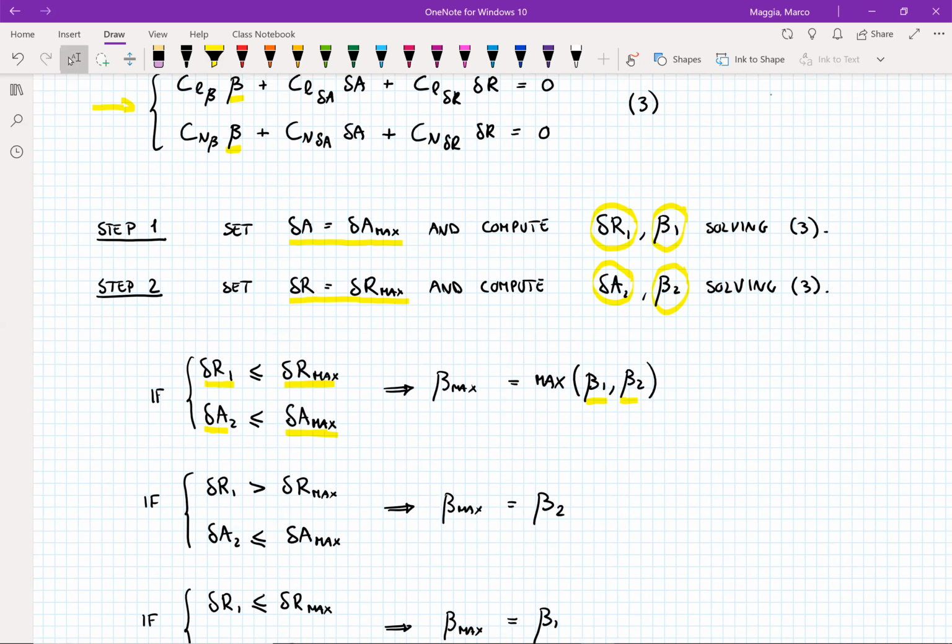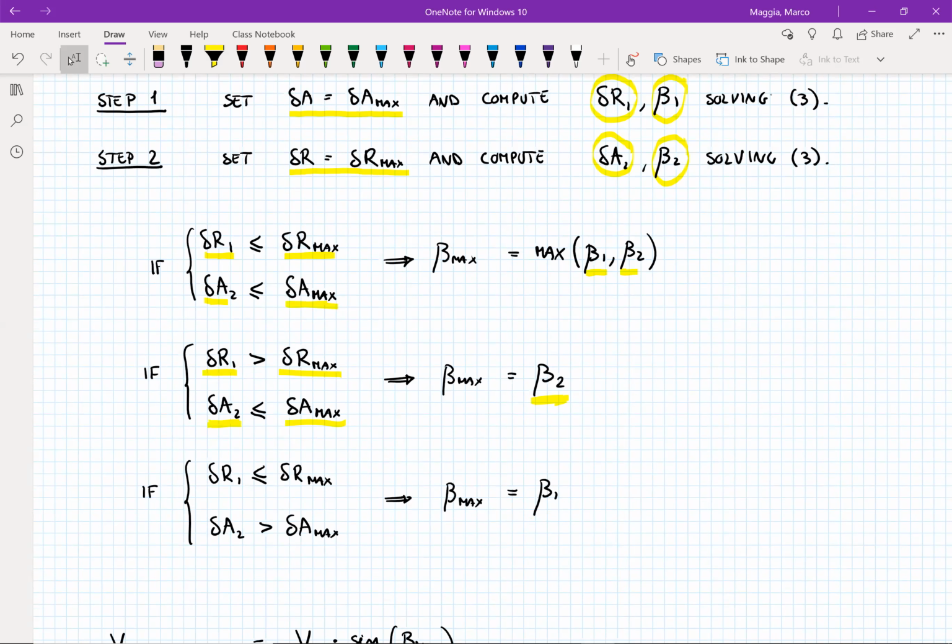But let's say that the rudder deflection that you found in step 1 is higher than the maximum allowed rudder deflection, then beta 1 is not a solution. So you're only going to take beta 2 as your answer, on the assumption that the aileron deflection is below the maximum aileron deflection.